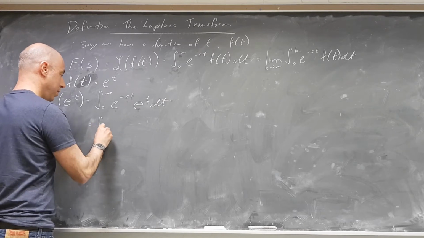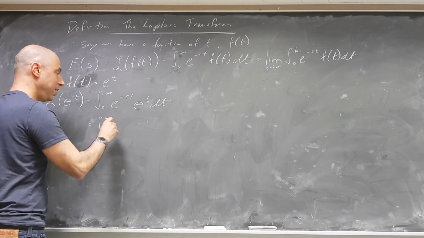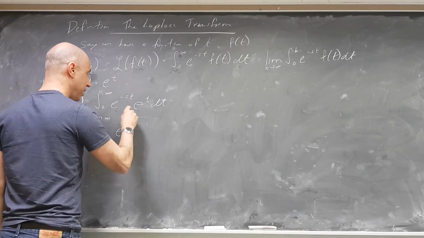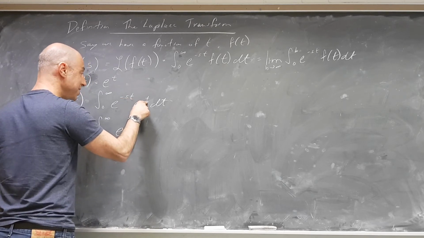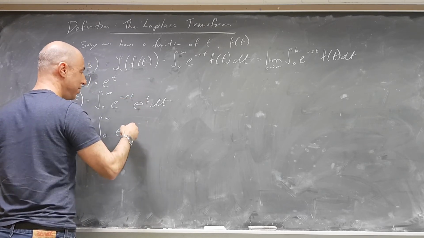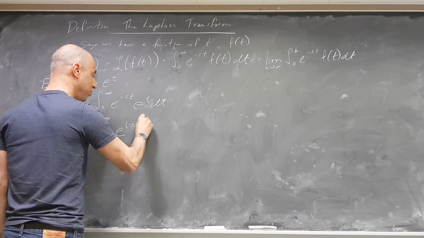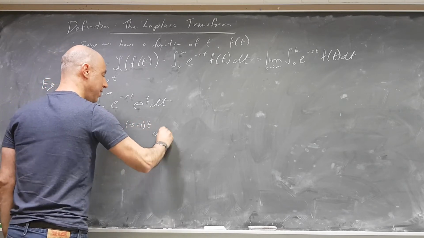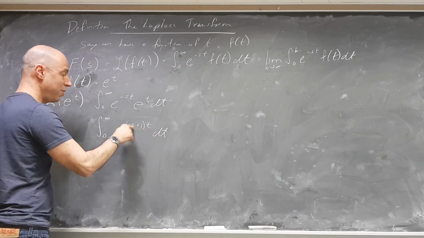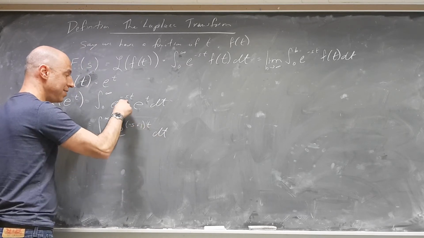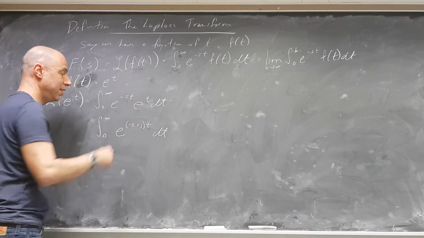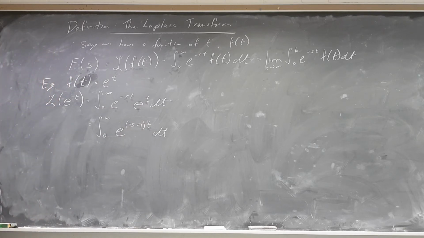So the integral from 0 to infinity of e to the minus st plus t. We can factor the t out from that, so we have e to the minus s plus 1 times t dt. Again, if you multiply this together, you have minus st and then plus t.